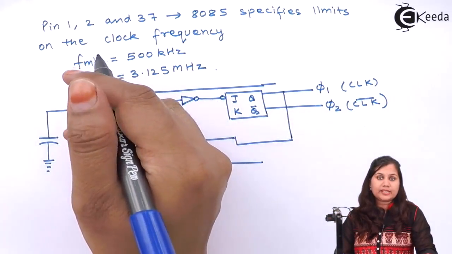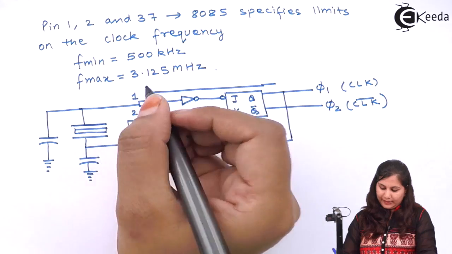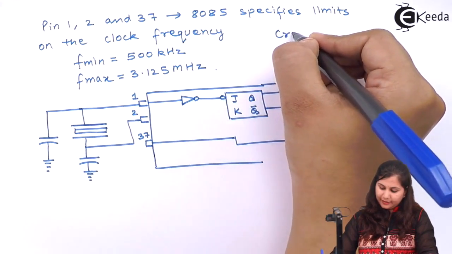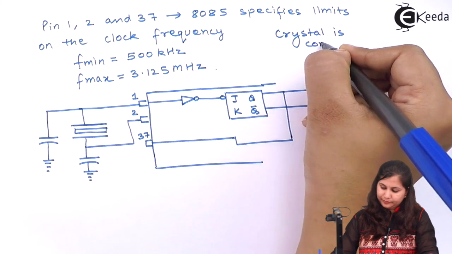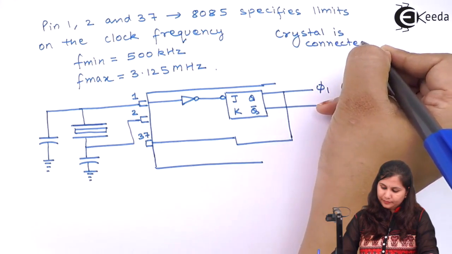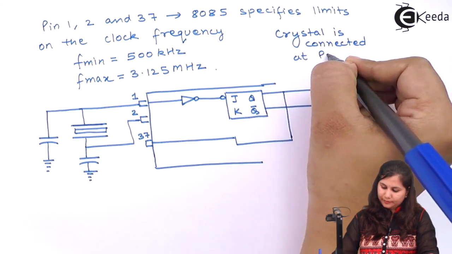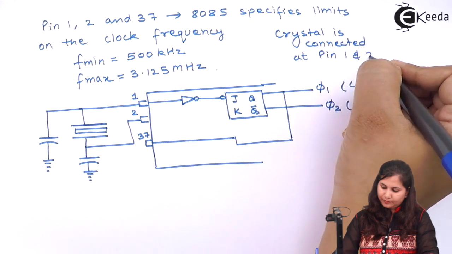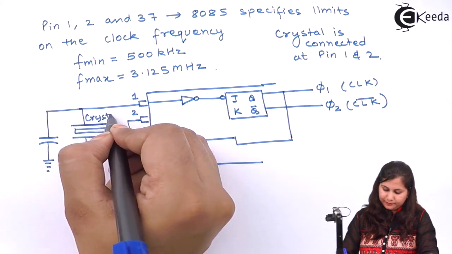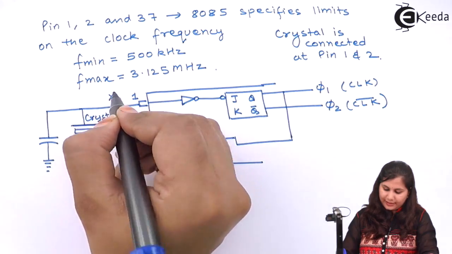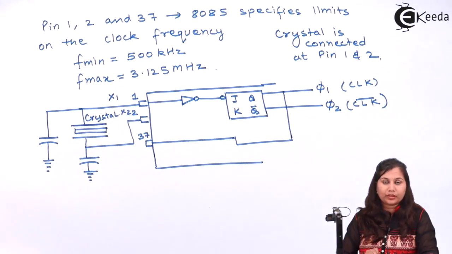The crystal which is generating this clock frequency is connected at pin 1 and 2. This is 1 and 2 and this is our crystal. Its connections are X1 and X2.